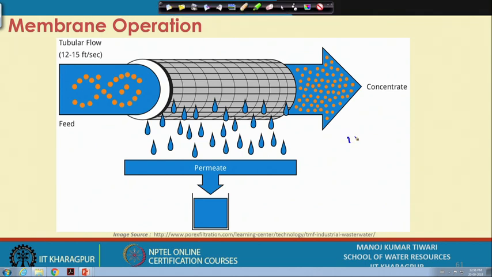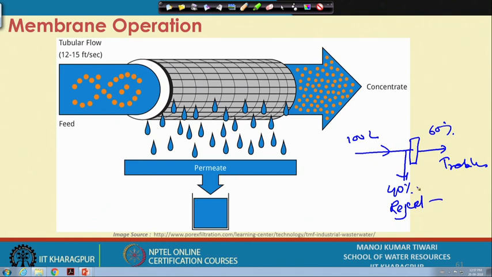Let us say 100 liters of water is being passed through a membrane, and this membrane is providing 60% treated water and 40% is going as reject. With a simple mass balance we can identify the concentration. Let us say the contaminant concentration in the feed is x, and in the treated water it is 0.05x, say 95% removal.